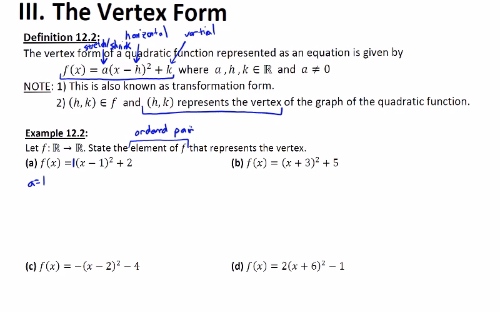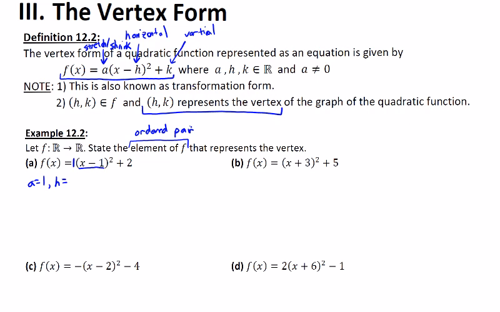And then for h, you have to think about the transformation. In transformations, we noticed that the adding and subtracting for horizontal was what we call counterintuitive. It was opposite of what we would have expected. So when it says x minus 1, that actually shifts the graph to the right by 1.